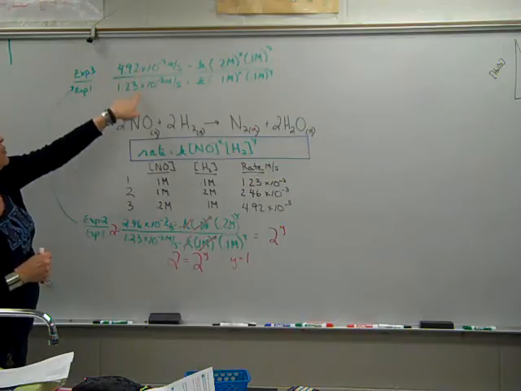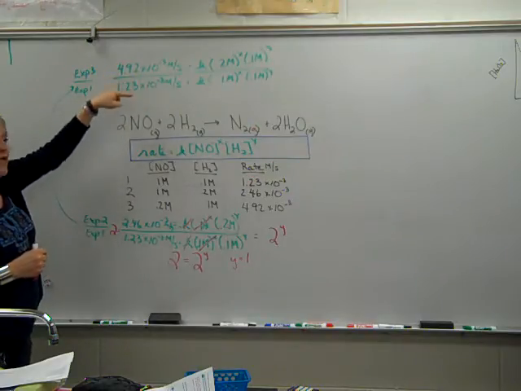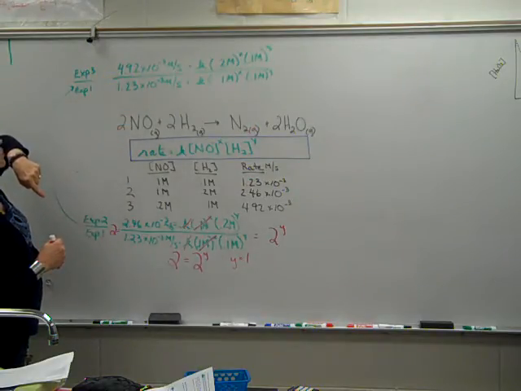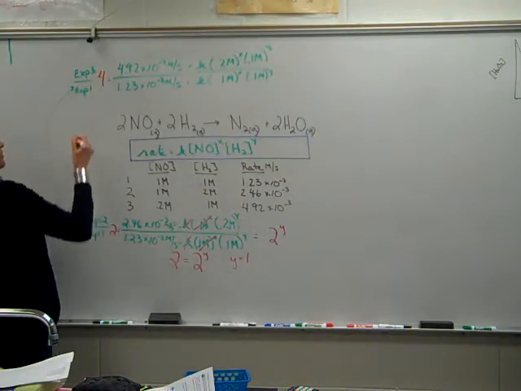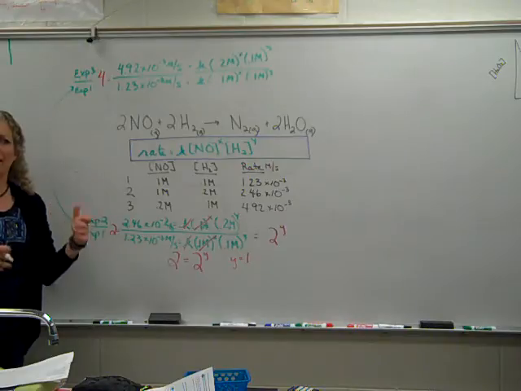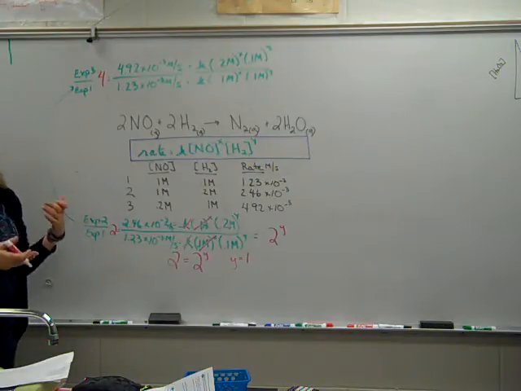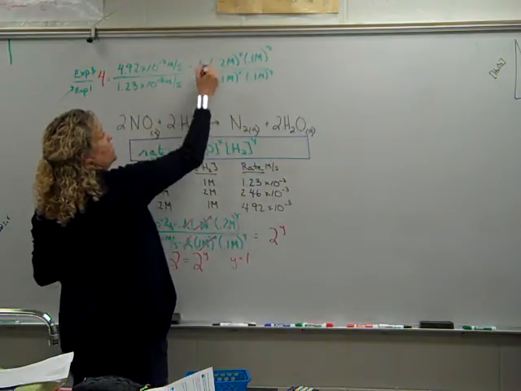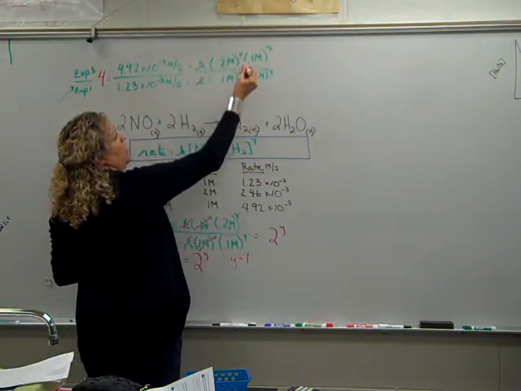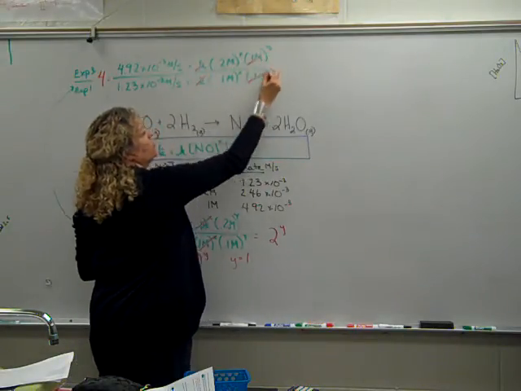So 4.92 over 1.23. If you divide this, you will get a 4. And if you don't get exactly 4 because you're dealing with data, like you might get 3.98, I would round that up, but it should be really close to a whole number. The K's cancel. The 0.1's cancel.